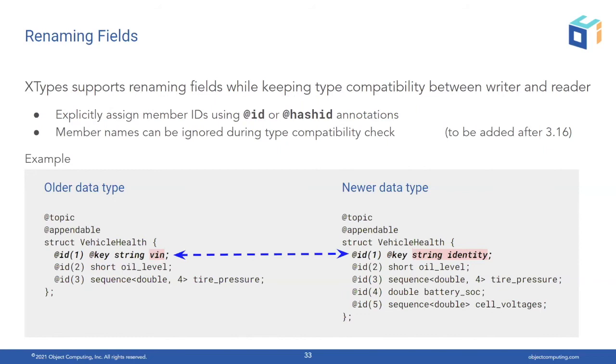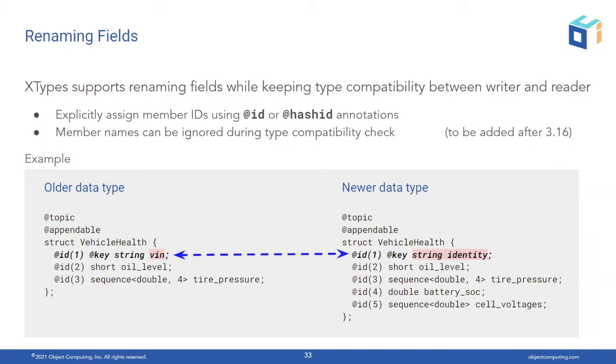By default, DDS XTypes doesn't support compatibility when we change the name of a member. But in OpenDDS XTypes, we support this feature by doing two things.